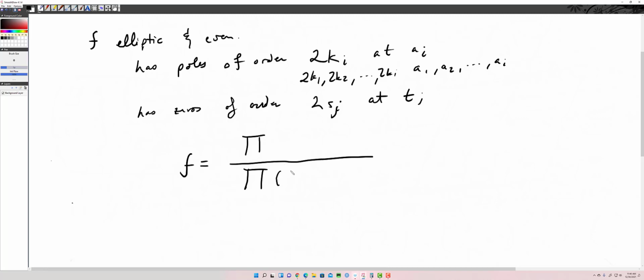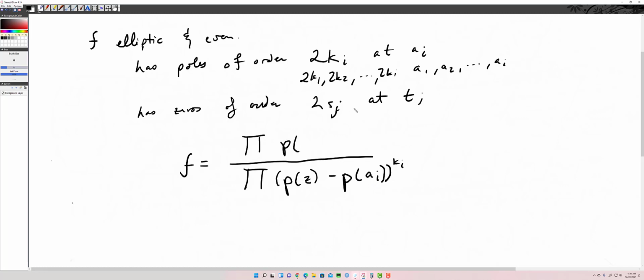So what I'm going to do is take p of z minus p of a_i, and I'm going to take that to the k_i, and this will produce a pole of order 2k_i at a_i.